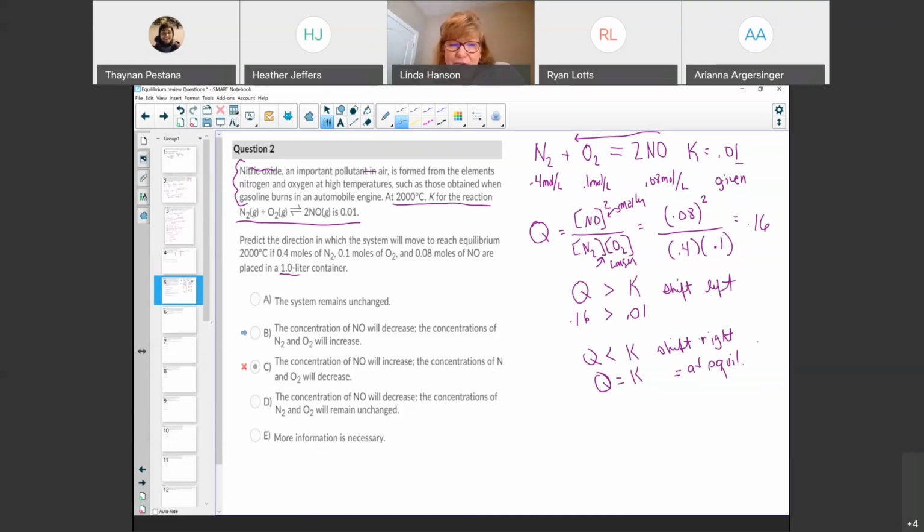What might be a question on this problem if you were to face it on test day? Anything for the chat to share? Tell me in the chat, are you confident of calculating Qs?